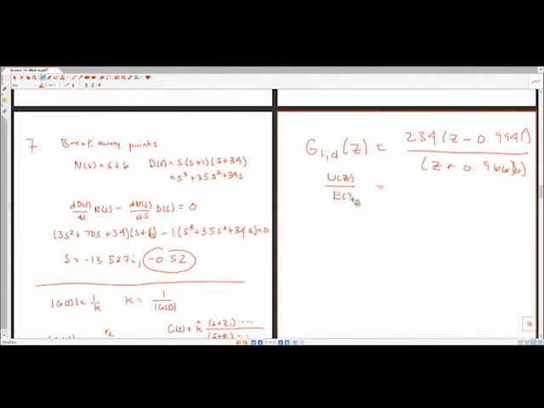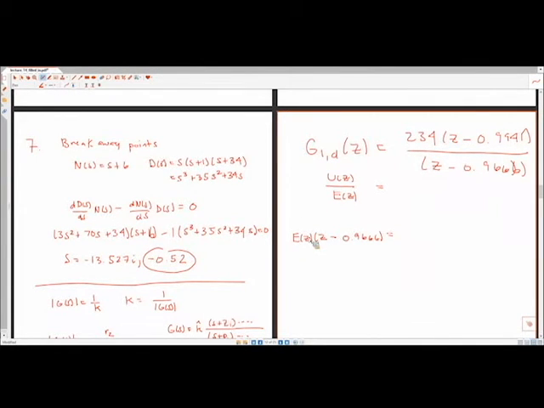Now if we multiply these out, just to make this clear, this is a minus sign. Oops, made a mistake.